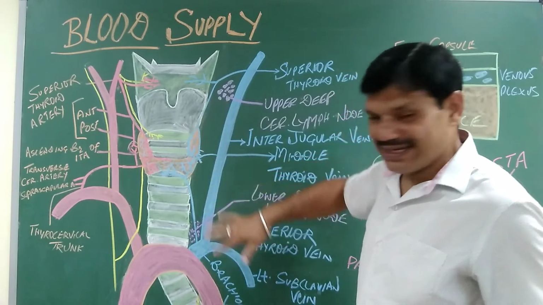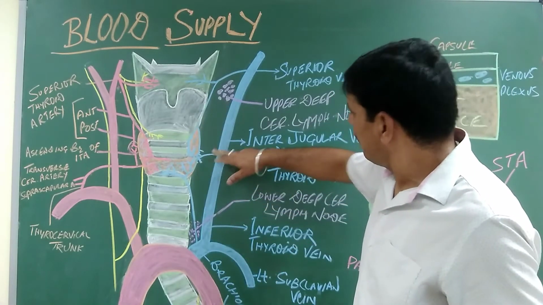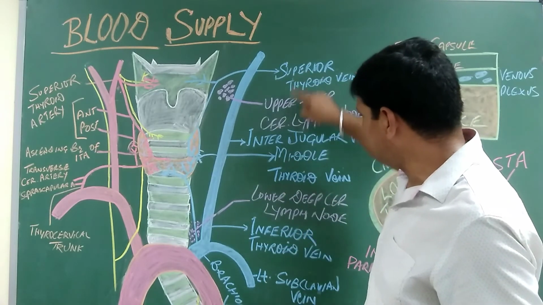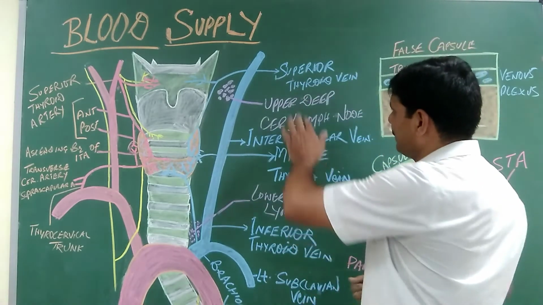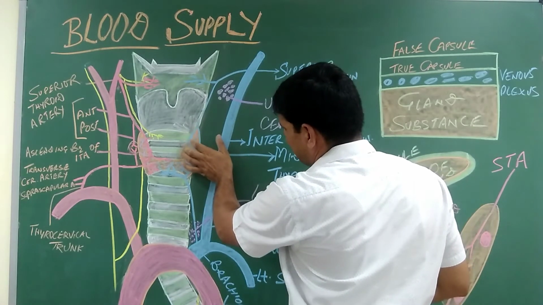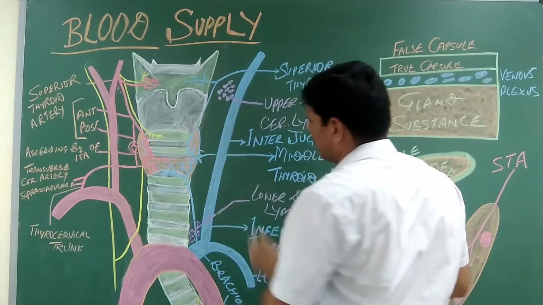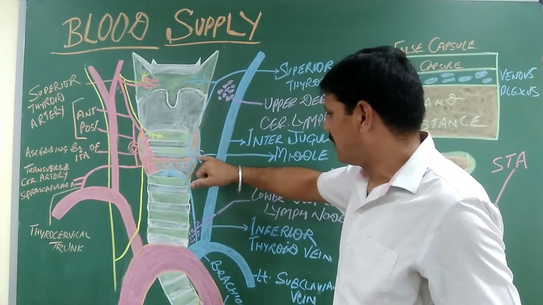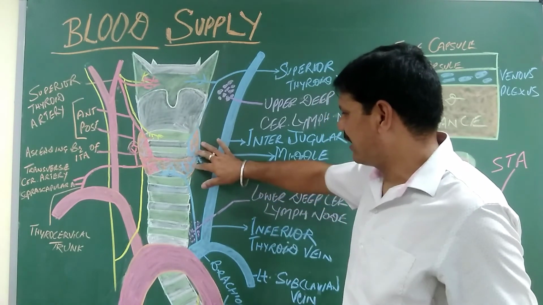The venous drainage is by three thyroid veins: superior, middle and inferior. The superior thyroid vein takes blood from the apex or upper border. The middle is the shortest channel, sent from the mid of the thyroid gland.